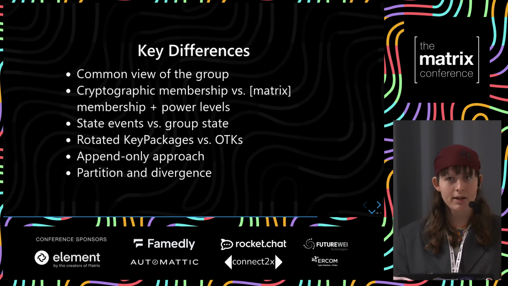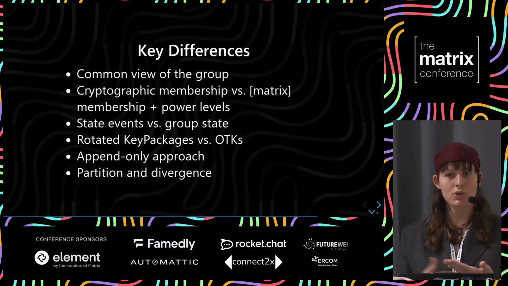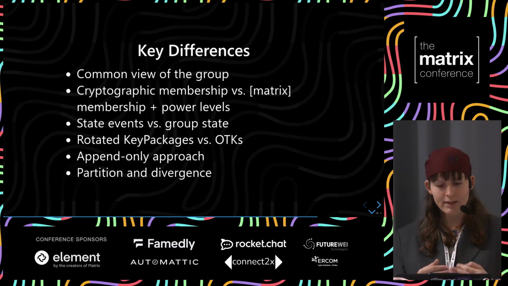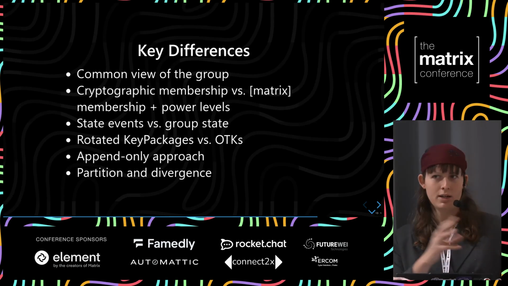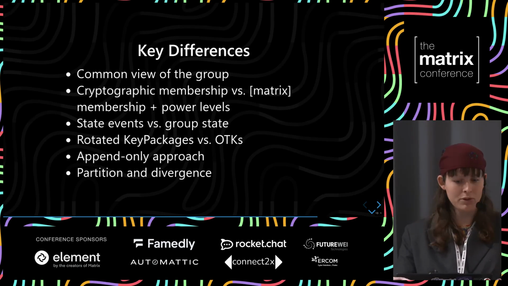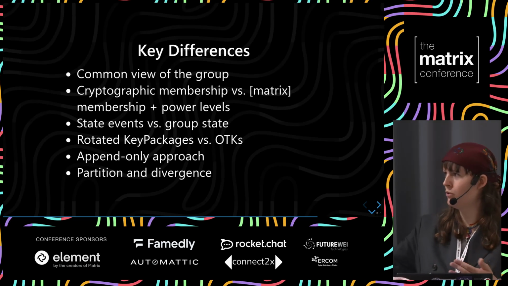Everyone can verify, if you go through the past messages of an MLS group, that each group state is actually valid, and we don't have something like state events running around. It's a different philosophy.